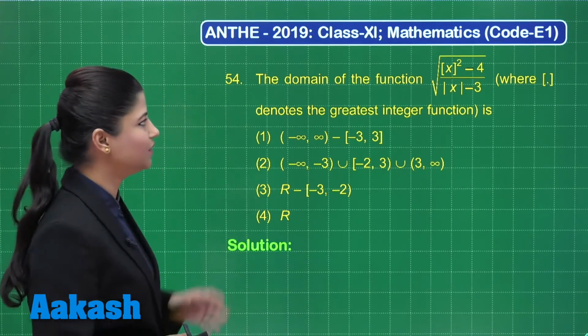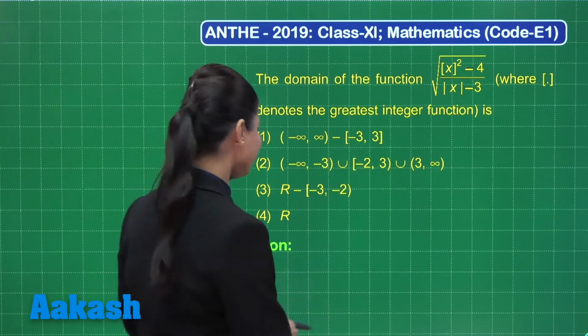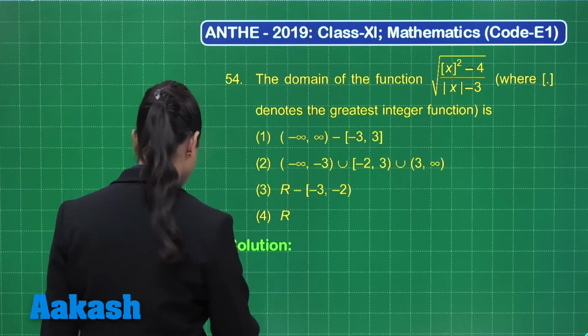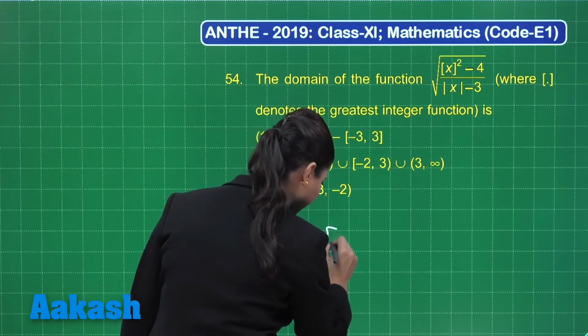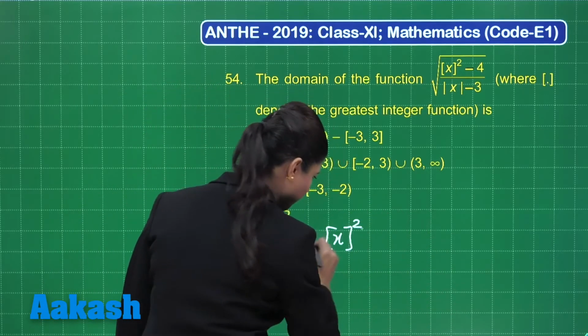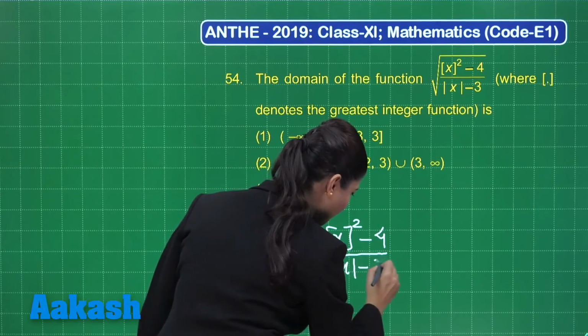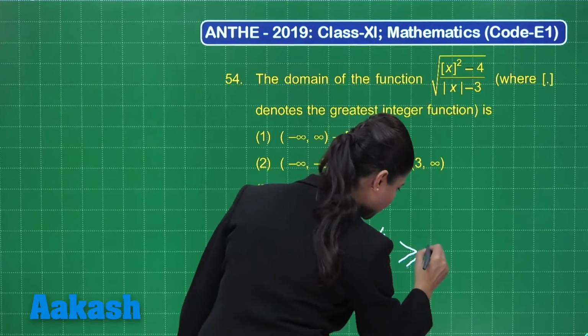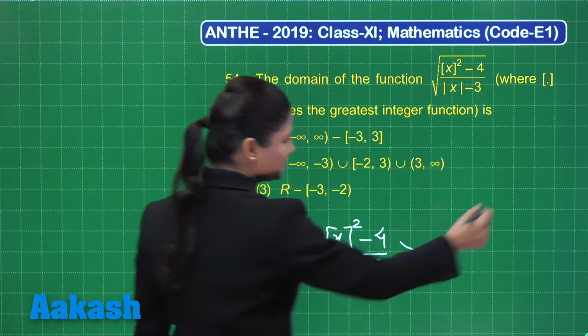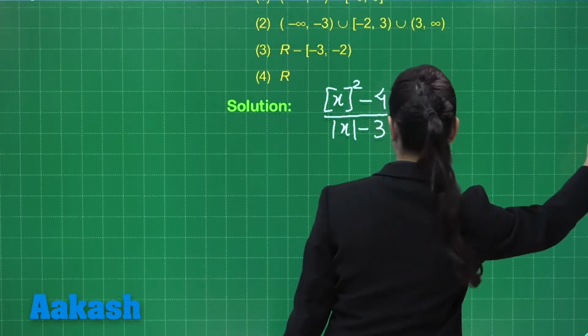As you can observe here, we are talking about the square root of this function. That clearly means we must have ([x] minus 4) whole upon mod of x minus 3 greater than or equal to 0. Now this means we'll have two cases.